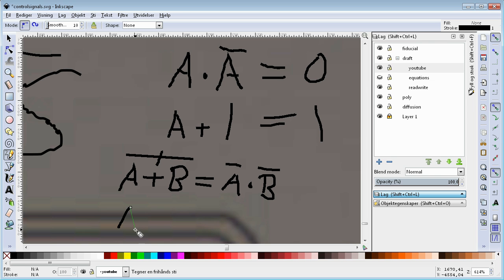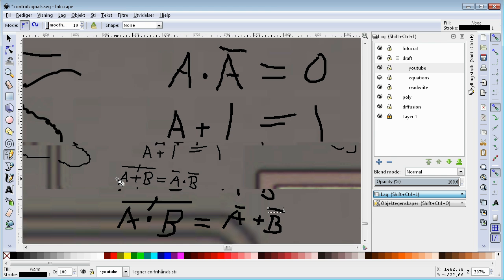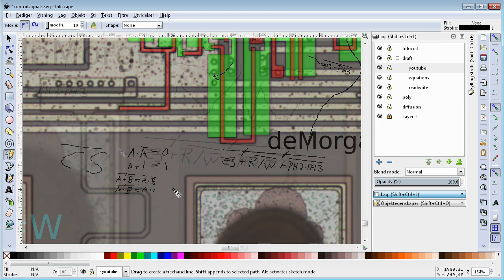You can say A and B, bar, equals, and if you split it now, you get A bar or B bar. You have split the bar, you have to change the operator like this. So that's what I'm doing right now.